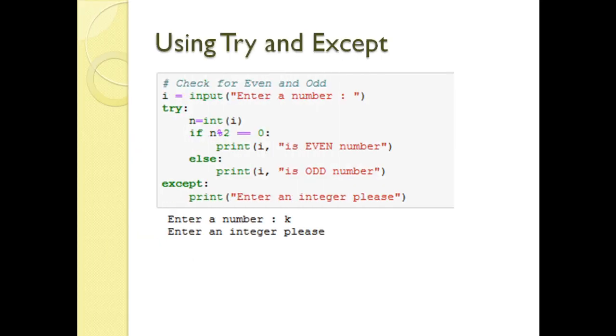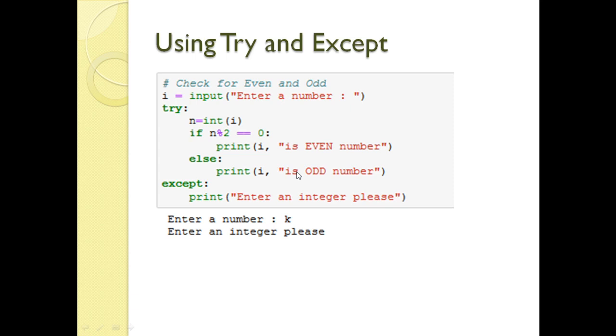And it goes like this. Here I have used a try and except block. In this case, if the entered value, which is a string by default, can be easily converted to an integer, then execute this code.